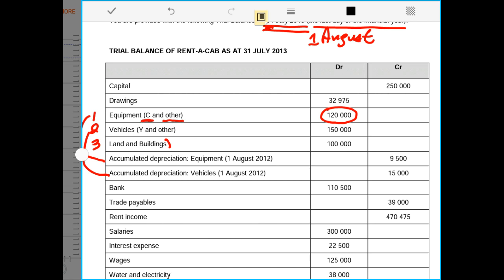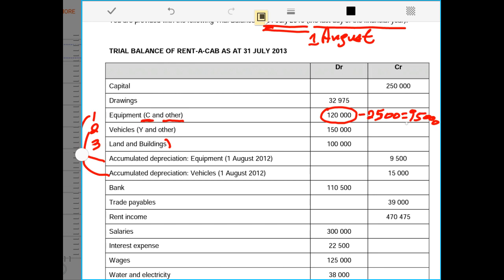That means it's not one equipment. And we are told that the 25,000 rands of the equipment bought during the current year is already included here. So we have to remove that 25,000 so that we are left with 95,000 rands of the value of equipment that was in the business in the beginning of the year.